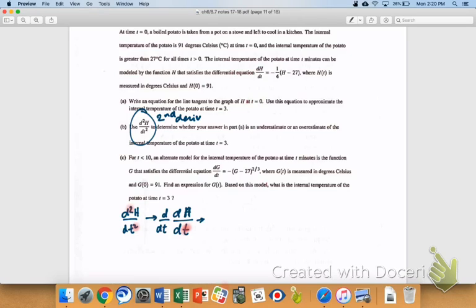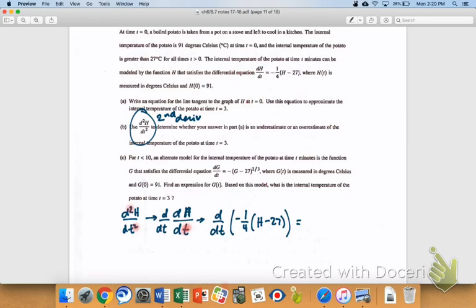So let's think this through. If I'm going to do that, this would be ddt of negative 1/4 parentheses h minus 27. What on earth would this be? What do you think? Equals what? So it's not ddh or ddx or ddy or whatever, it's ddt of negative 1/4 h minus 27.